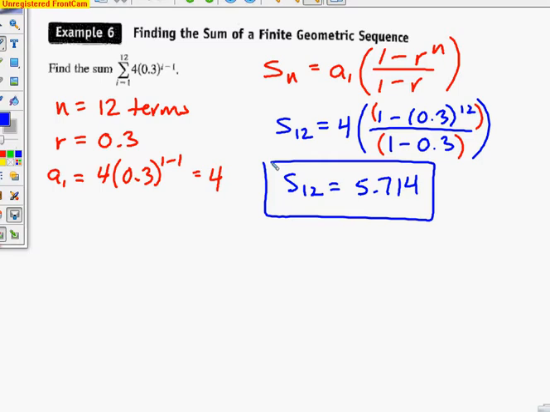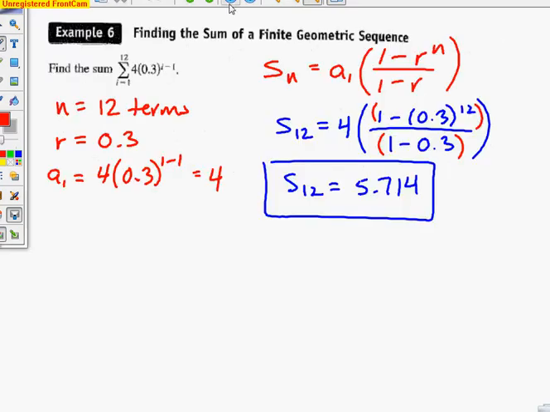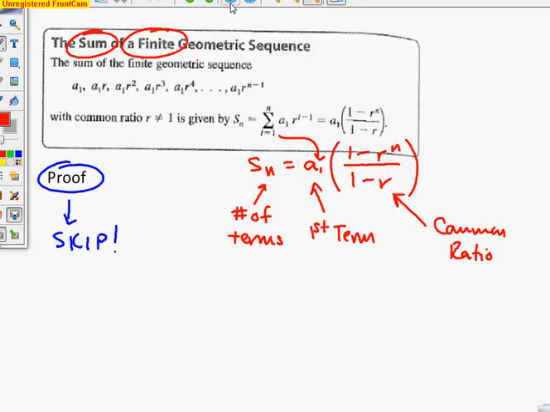Now, the book has this discussion of how your sequence should look. They really want you to keep in mind that the exponent should be i minus 1 for this to follow this idea of number of terms, a sub 1 being the first number, and then the common ratio.